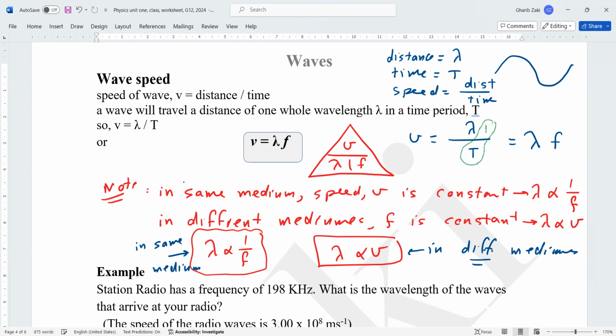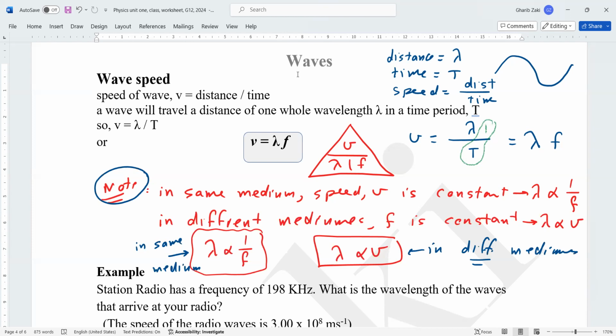So in different mediums, lambda is directly proportional to the speed. In the same medium, lambda is inversely proportional to the frequency. Now, let us solve. Take care. This note is very important for us because we talk about the waves.